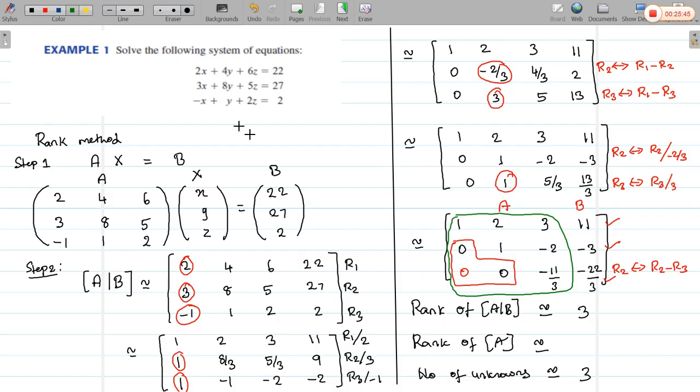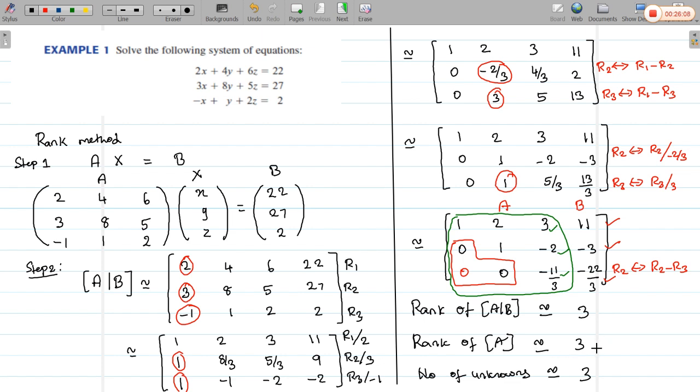So now check the rank for only A. Is it all 0? Is it all 0? Is it all 0? So then what is the rank of A? 3. Do you understand?